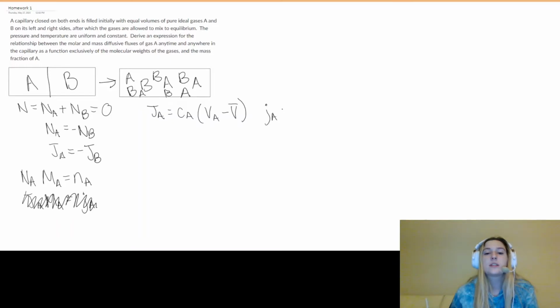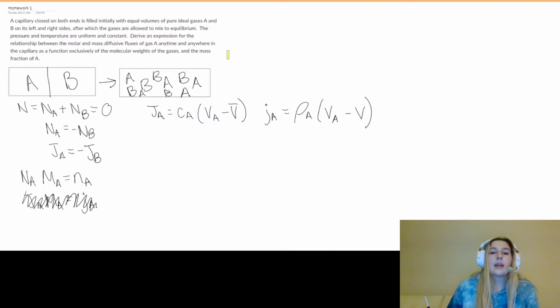Then mass diffusive flux is the mass concentration of A times the velocity of A minus the mass average velocity of all of the components. So what is the common term here? Well, it's the velocity of component A. So what we can do is solve for the velocity of component A, and then we can plug it in to this equation. So before doing that, let's look at this term right here.